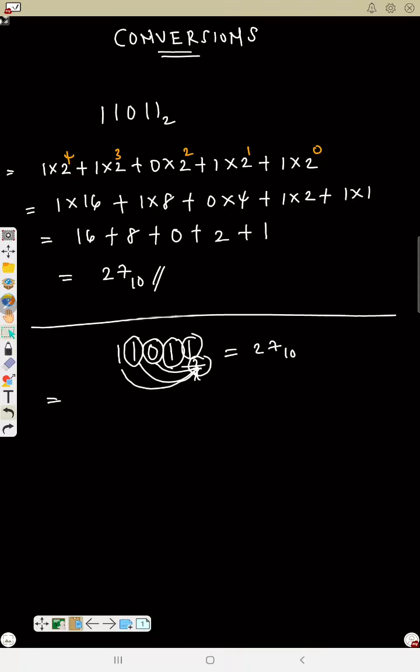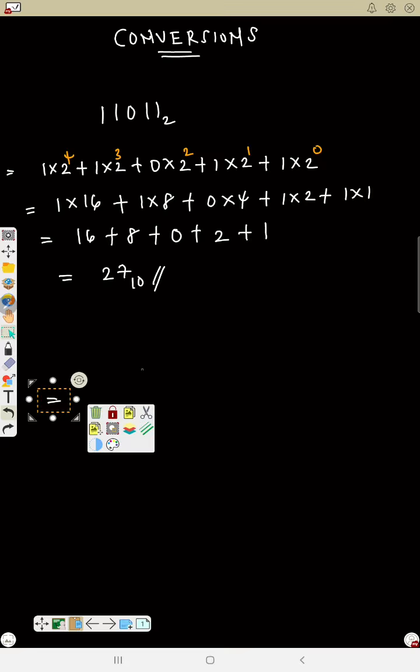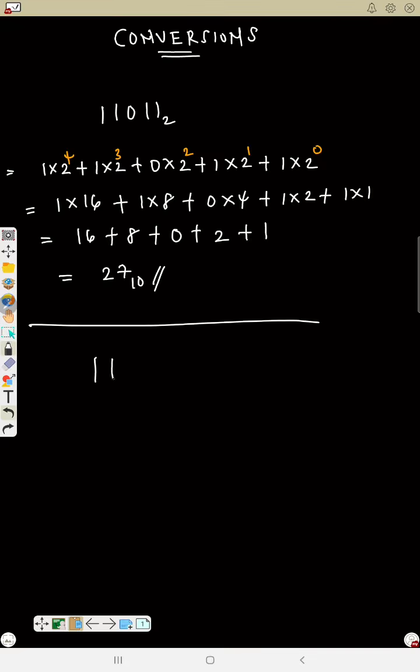Let's do it again. We have 11011 base 2. Again, 1 times 2, 2, plus the next number, 3. That 3, so again 1 times 2, 2, plus the next number, 3.